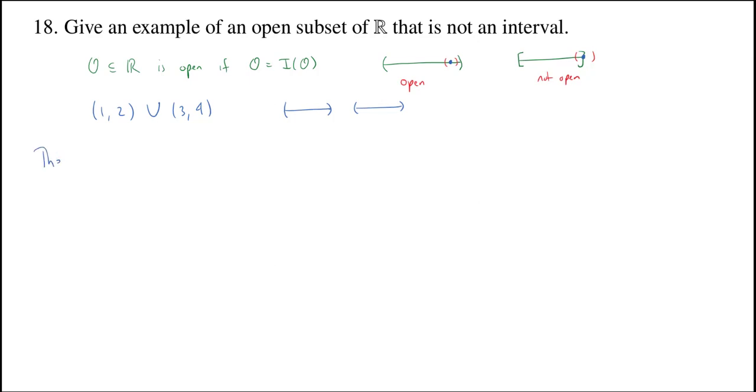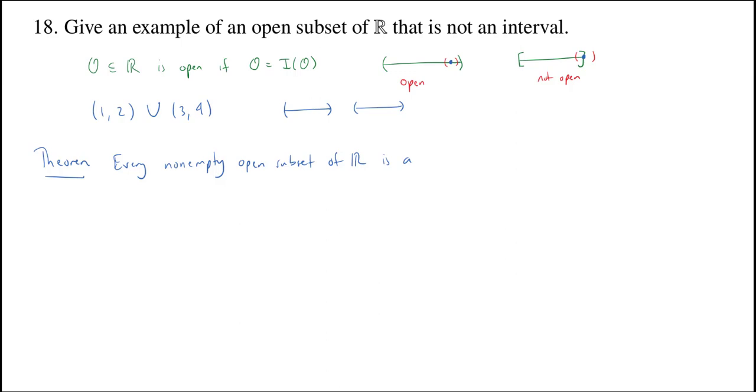So here's a theorem: every non-empty open subset of the reals is a union of open intervals. But in fact, I can even restrict it further. I can't necessarily use a finite number, right? That may not be possible.